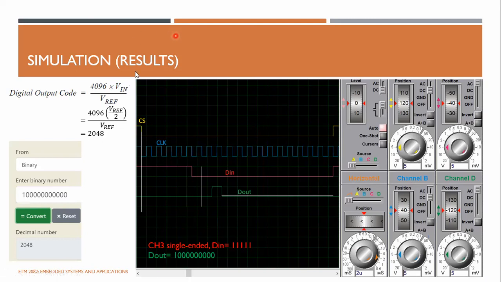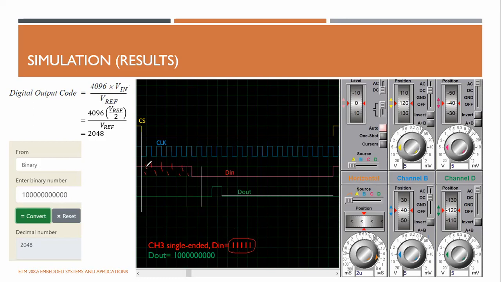You can see this is 1 clock period, and this is another period, and 3, 4, 5. During all these periods, D in should be high, so 1, 1, 1, 1, and 1. So these 5 ones are the data packet I'm sending from the microcontroller or my signal generator to the device. It is asking the device to send the ADC sampled value applied to channel 3.